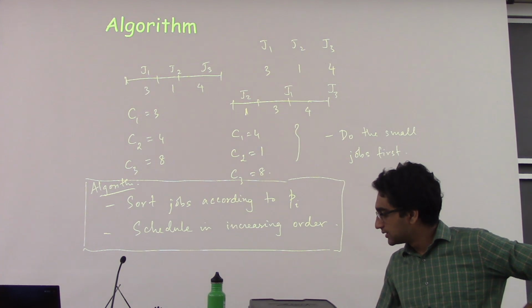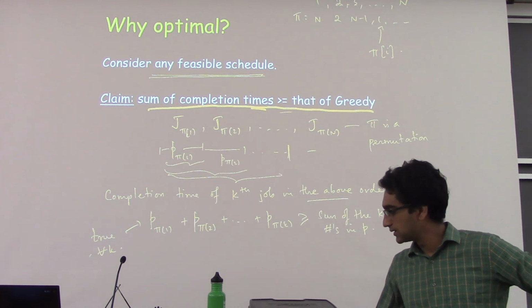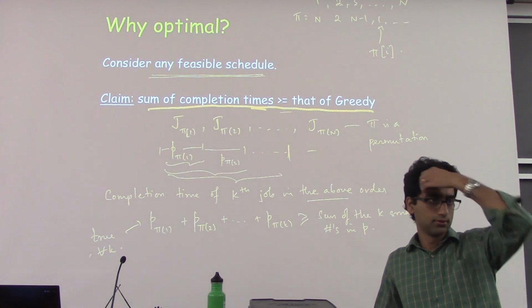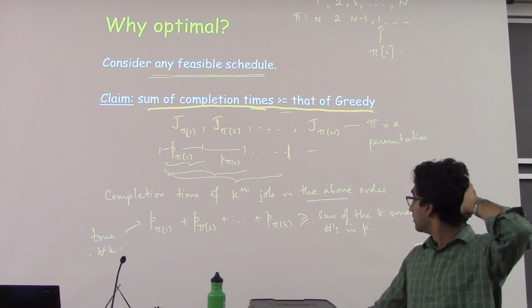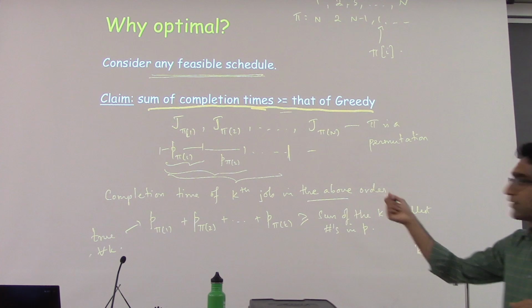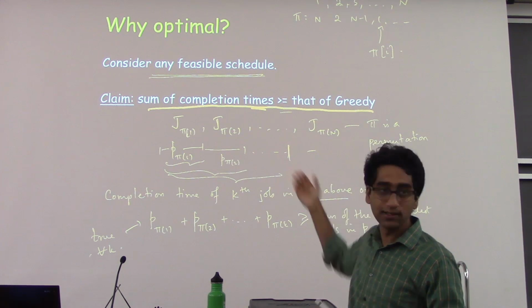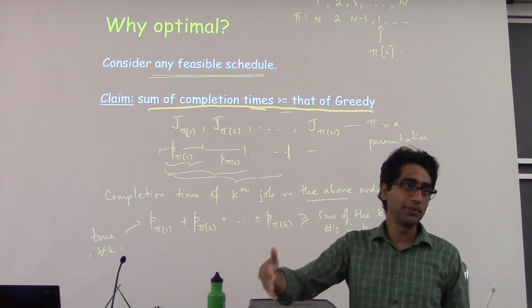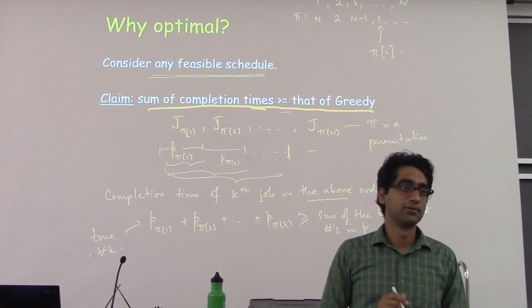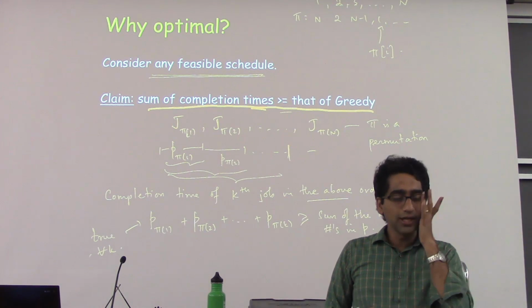Okay. So is this reasoning clear? So why is that not n? Why is that k? I want to show this for every k. The value of this objective is the sum over k of the completion time of the kth job. But the total number of terms is n.